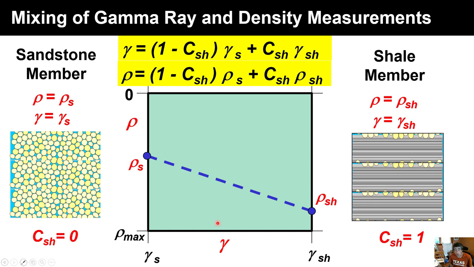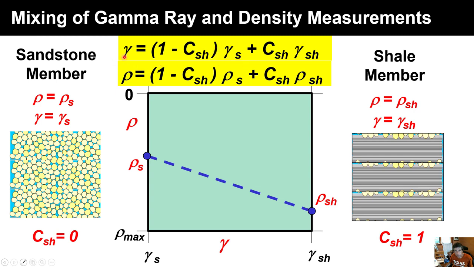And second, those linear mixing laws apply to both the gamma ray log and the density log, as shown here. So we have a mixing law for the gamma ray log, where we have the gamma ray log measured in the pure shale and the gamma ray log measured in the clean sandstone.